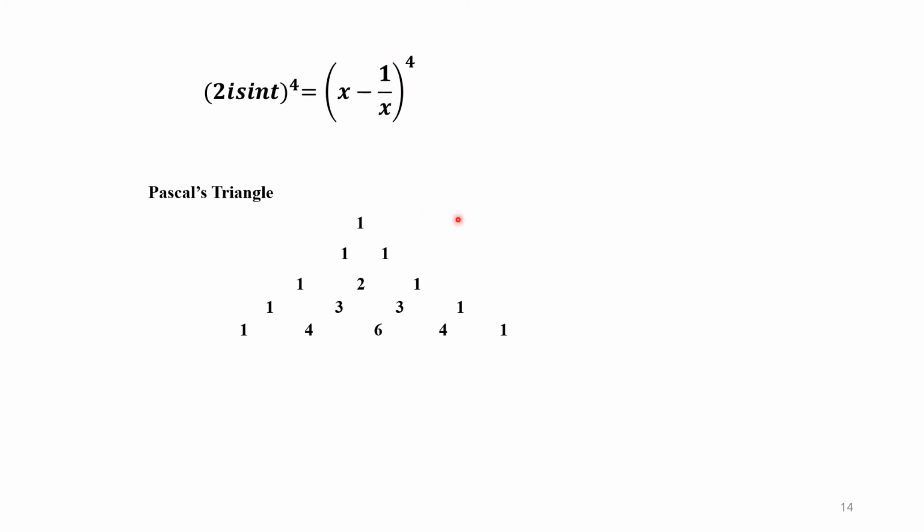Now since we want 4, these are the binomial coefficients for the expansion of a minus b whole raised to 4. So I can write a minus b whole raised to 4 as: first, the coefficients, 1, 4, 6, 4 and 1. Then we have a minus sign in between, so we will get alternate signs.